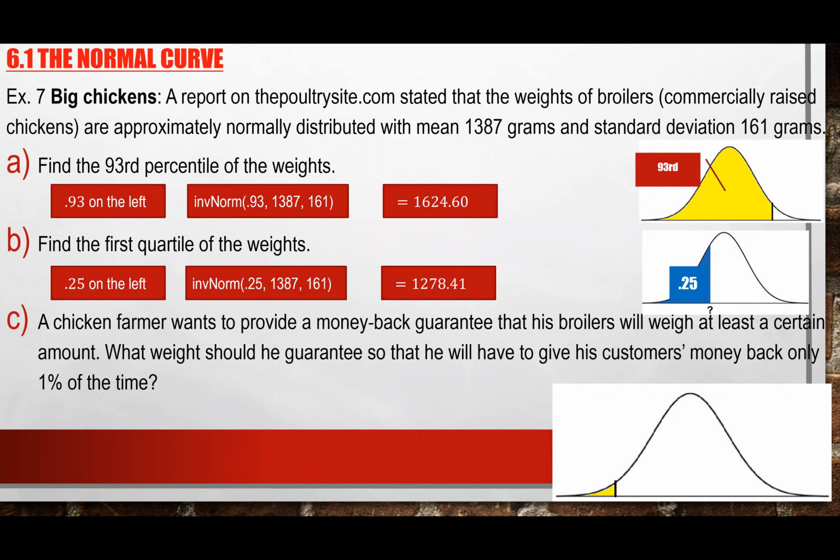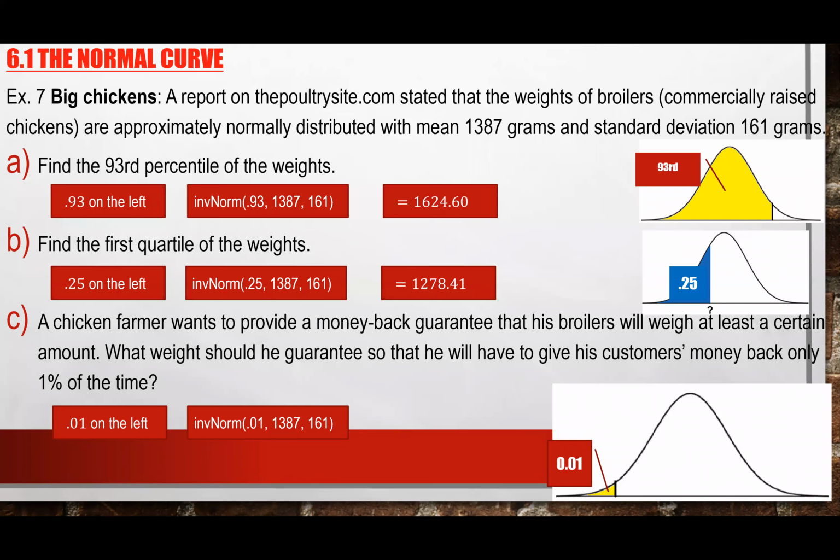And that's why, the further on the right, the bigger the weight, the heavier the weight, right? As you can see, in A and B, this right here is 1,600, and down here is only 1,200, right? So look at this item. If we know that the area to the left is 1%, in this case 0.01, which correlates to the decimal place, do you agree that all we need to do is just plug in the inverse norm so that you can find the weight of your chicken, or the data in this case?